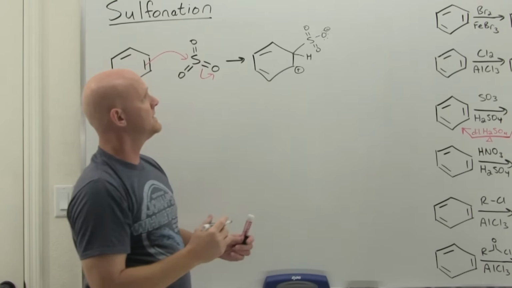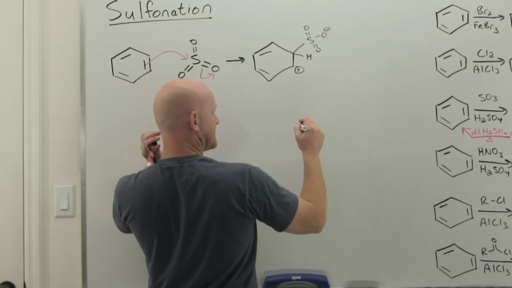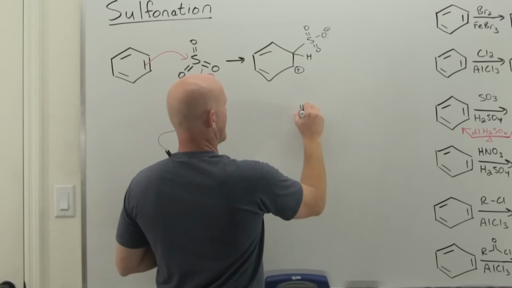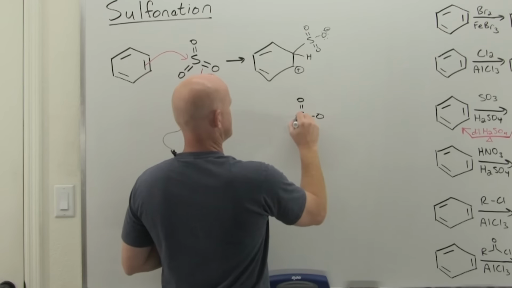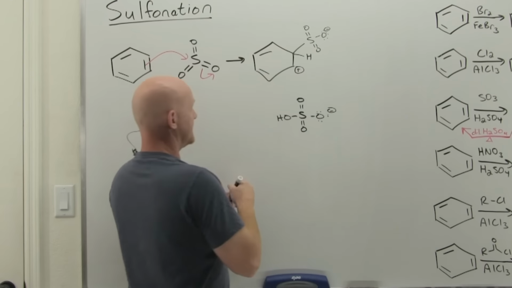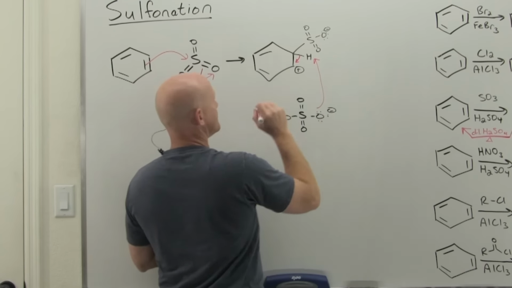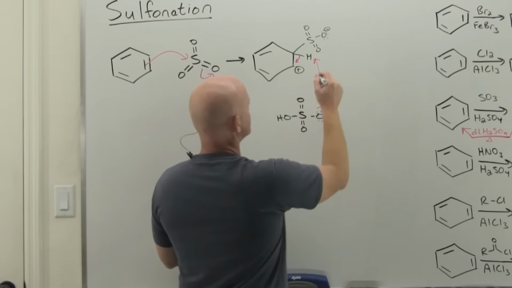Cool, and then we just simply need to deprotonate this hydrogen, and our base in this case is going to be the conjugate base of sulfuric acid. So bisulfate here. That'll free up these electrons to restore aromaticity yet again.